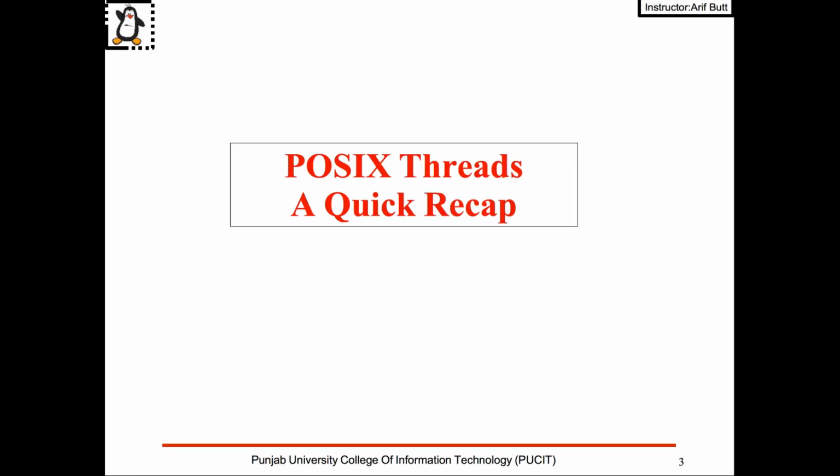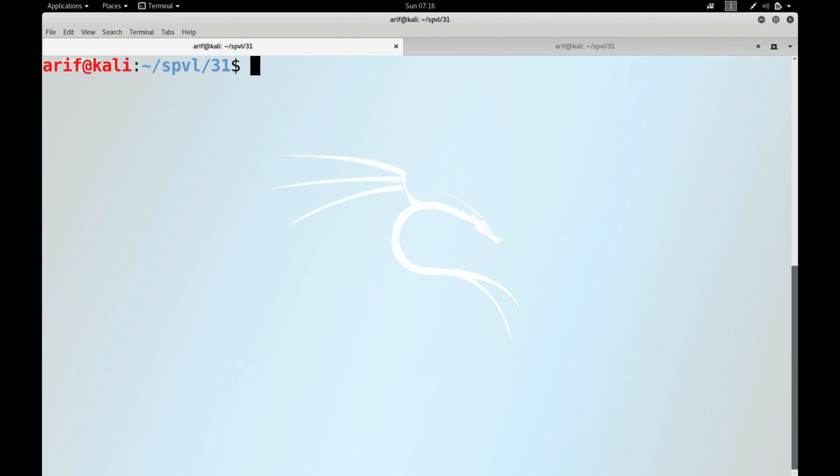Before I proceed, let me have a quick recap of POSIX threads. For that, let me move on to the Linux terminal. Dear students, on most Linux distributions, you will come across two famous thread implementations. The older one is Linux threads and the newer one is NPTL, the native POSIX threads library.